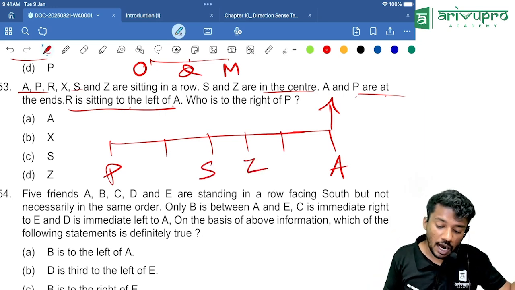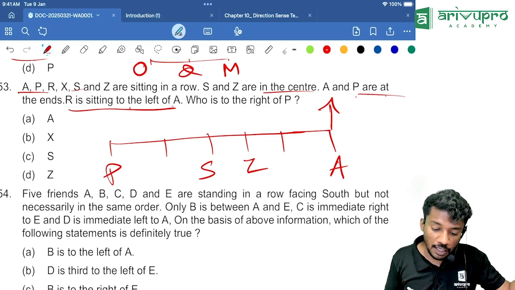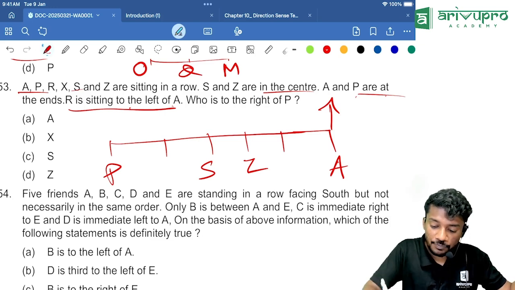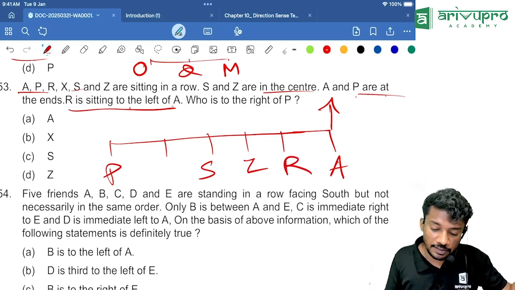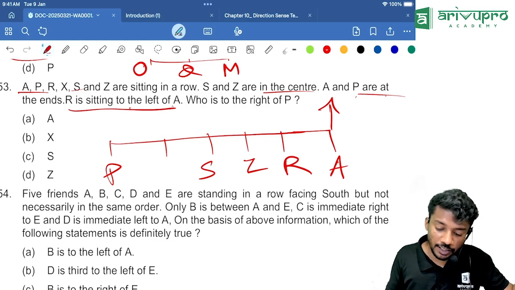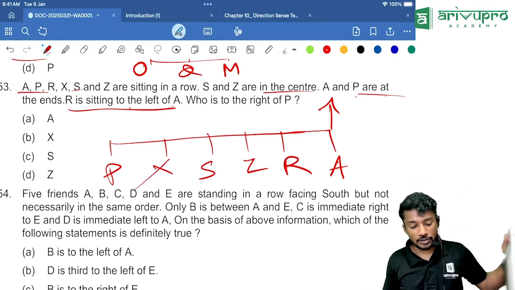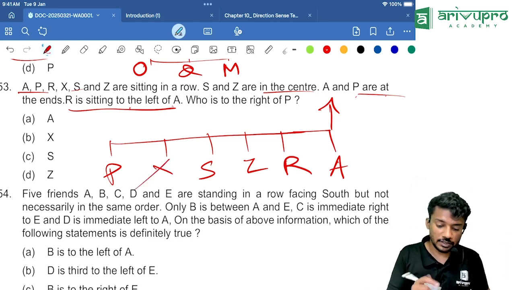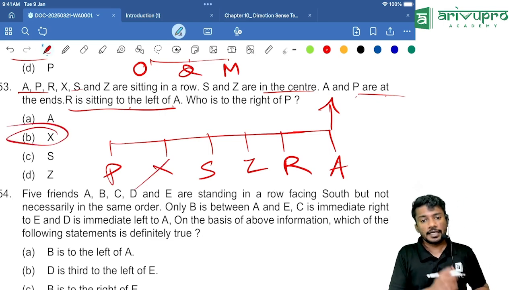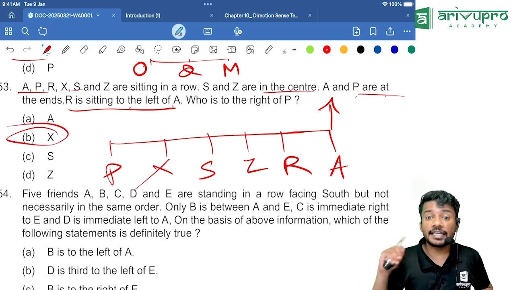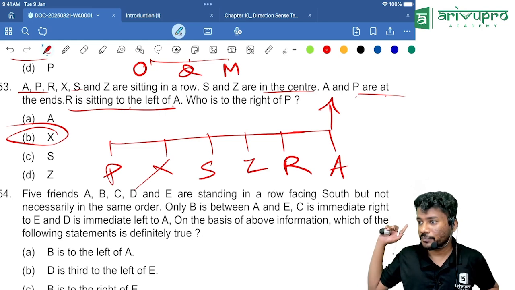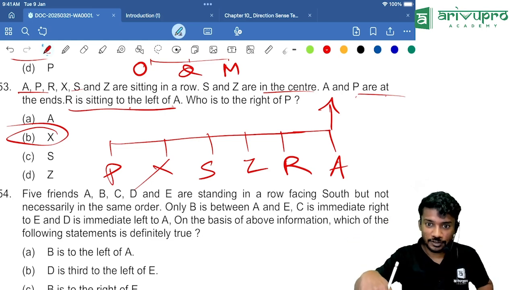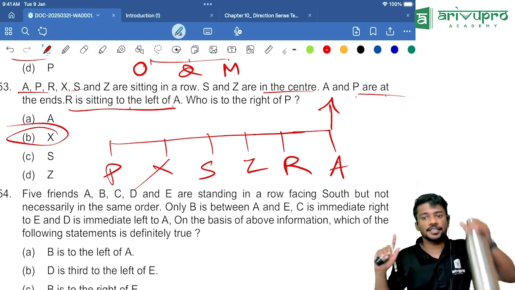R is sitting in the left of A, so R will be here. Anything else is given? X is where? Right of P. Yes. So what is the question? X is the answer. If nothing is contradicting our point, our drawing is correct. If some point is telling that our drawing is wrong, then redraw it. Okay? Yes.